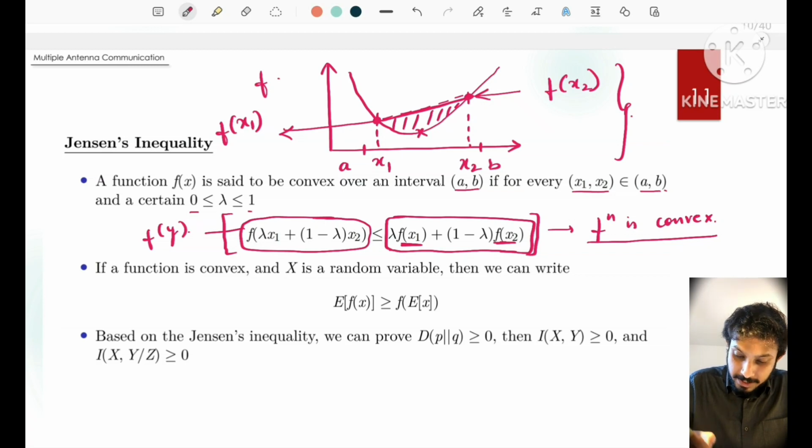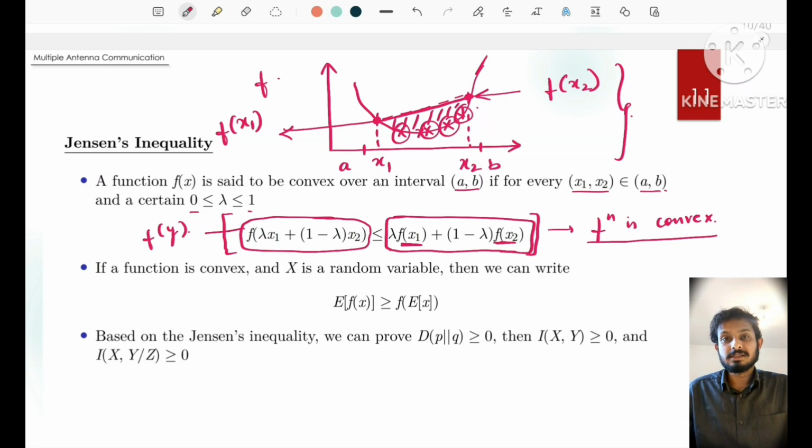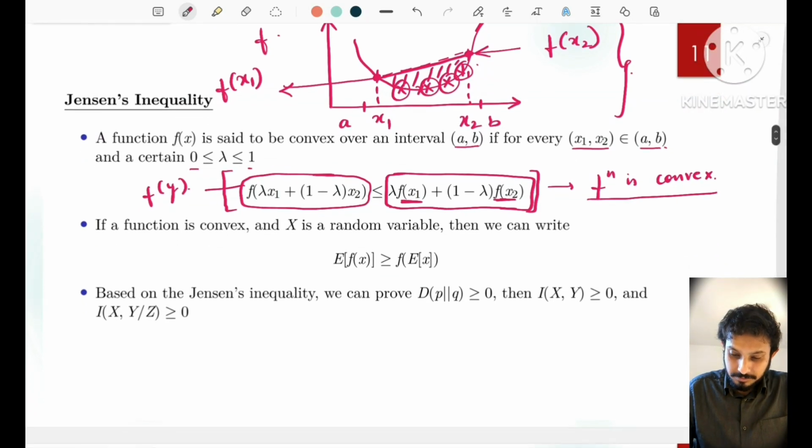In other words, if we take any other point on this curve, and the function value corresponding to that point will always lie below the chord, then we say the function is a convex function.